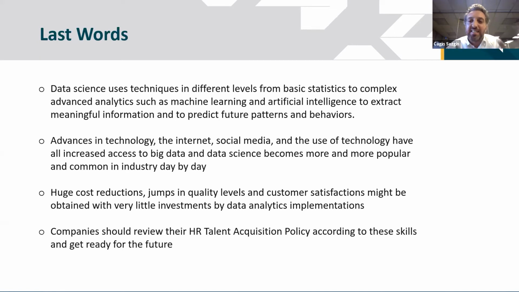So statistics, data analytics, and computer science are becoming more and more popular, and companies are developing their HR policies regarding that. And they should do that. They should get ready for the future.